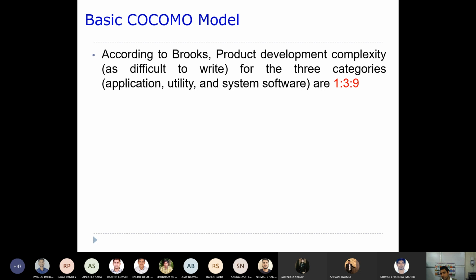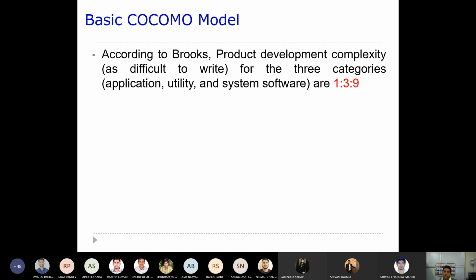For all three categories, application, utility, and system software, whatever the basic classes we said, that follows a ratio of 1:3:9. Let's say it's an application program. Whatever effort you really require, how complex it is to write that particular program, they follow this ratio 1:3:9.